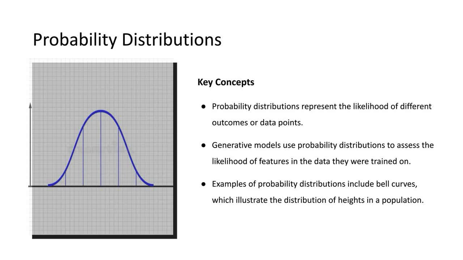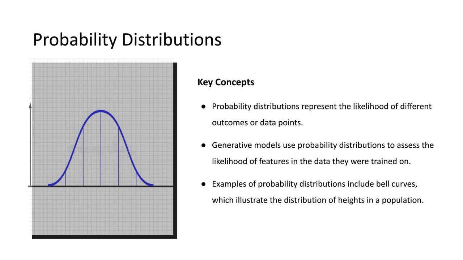For instance, a generative model trained on cat images might have a probability distribution that shows a high likelihood of pointed ears, whiskered faces, and furry bodies, while features like elephant trunks or bird wings would be much less probable. By understanding these probabilities, the generative model can essentially mimic the recipe for real-world data.